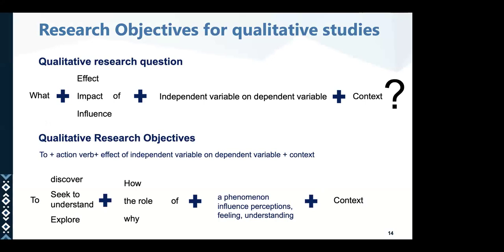Sorry, there is a mistake here. But in qualitative research, most of the time you will be interested in seeking the perceptions or the behavior or the attitude of people towards an independent variable or towards a phenomenon, in a specific context.